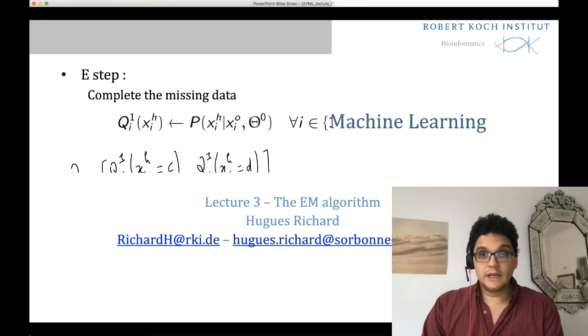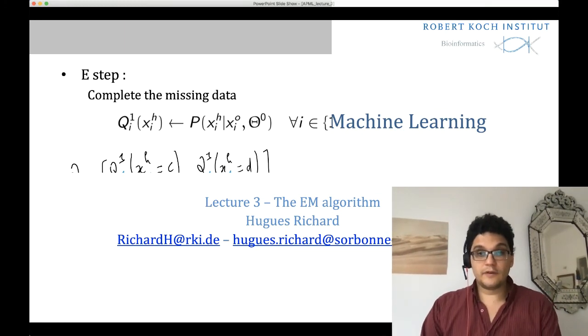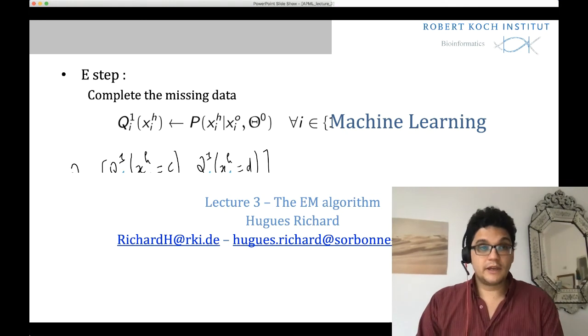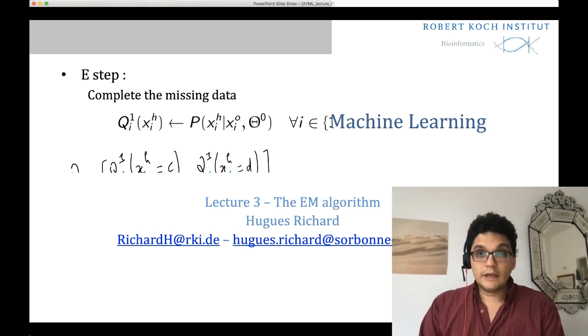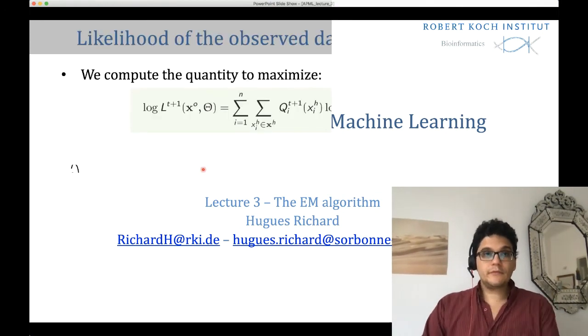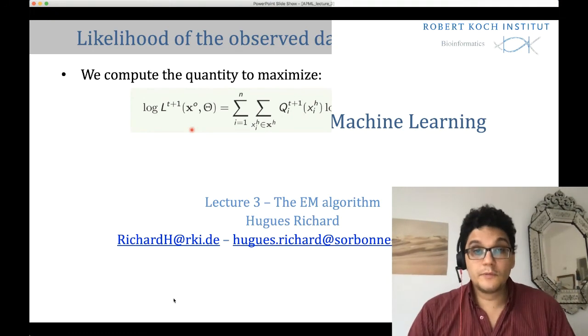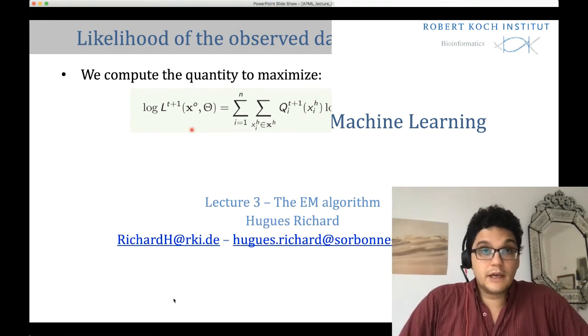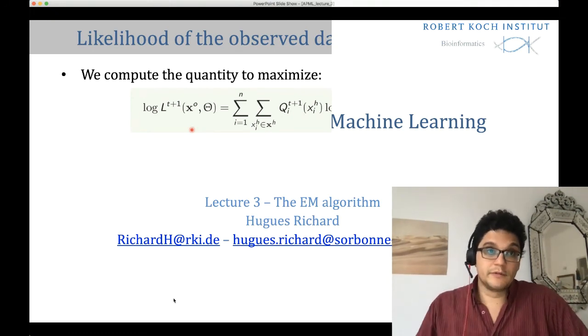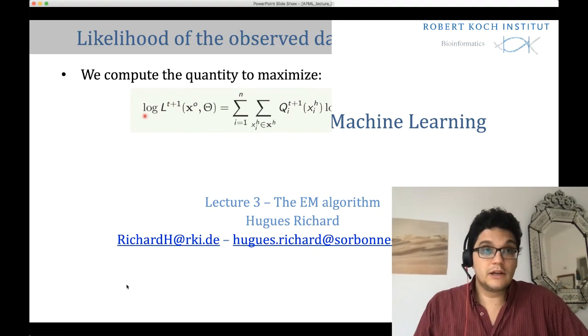We see that, because of the parameterization, on the first step of the iteration the posterior value for each of the hidden variables is 1/2. Now we need to compute the quantity we will maximize in the M step, which is the conditional log likelihood at step t plus 1, here at step 1, of the observation.